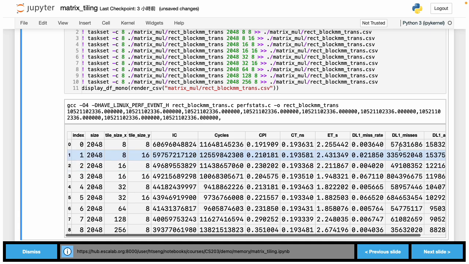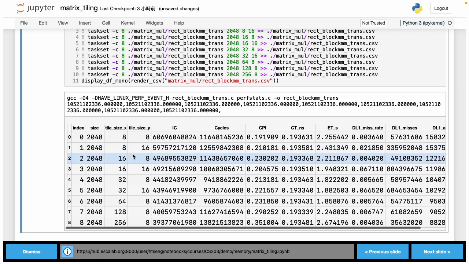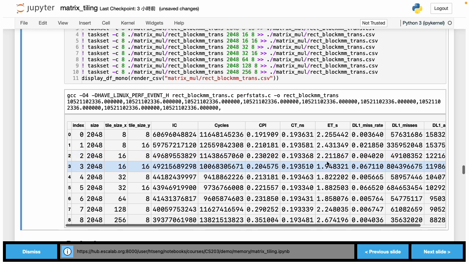You can see the number of cache misses goes up, so the execution time also goes up. So if I have a rectangular tile that is vertically thinner, that's not a good idea, right? We want a rectangular tile that goes horizontally. So if I do 16 by 8, woohoo, right? The execution time is 2.21.